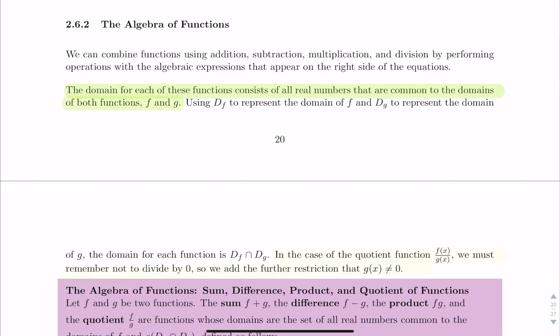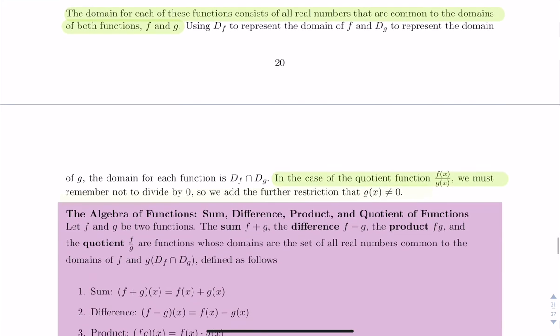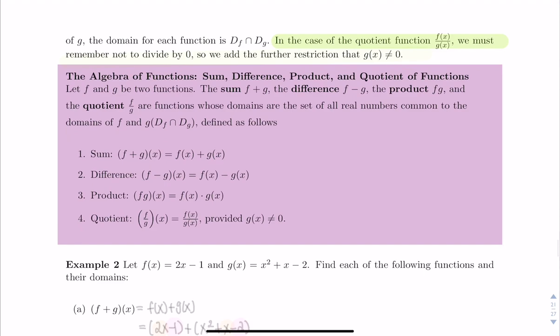So we use d sub f to represent the domain of f and d sub g to represent the domain of g. The domain for each function is the intersection between the two. In the case of a quotient function, we must remember not to divide by 0. So we add a further restriction that g of x cannot be 0.